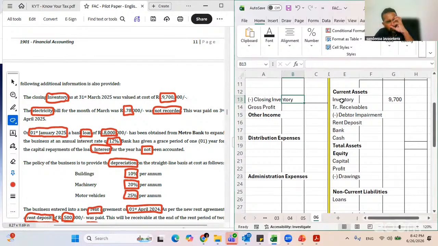Right now that inventory is inside the purchases, which is unsold. So you have to remove that. So we are going to remove that 9,700, debited to inventory, credited to cost of sales.